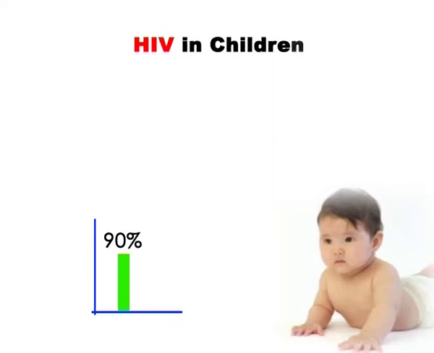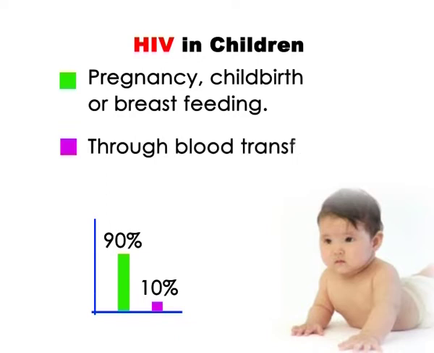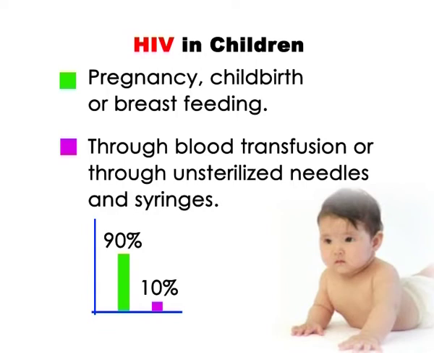90% of the children get their HIV infection from their mothers either during pregnancy, childbirth, or breastfeeding. The remaining 10% of the children get their infections through blood transfusion or through unsterilized needles and syringes. Sexual contact, including sexual abuse, and syringes, including injection drug use.